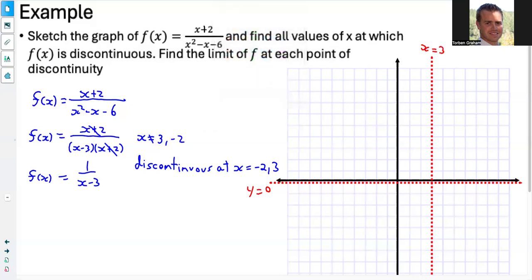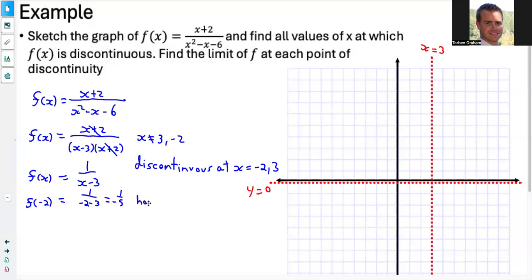Now we're going to find our hole, because our non-permissible canceled out, it's going to give us a hole. So I'll put f of negative 2 in. That gives us 1 over negative 2 minus 3, so 1 over negative 5.